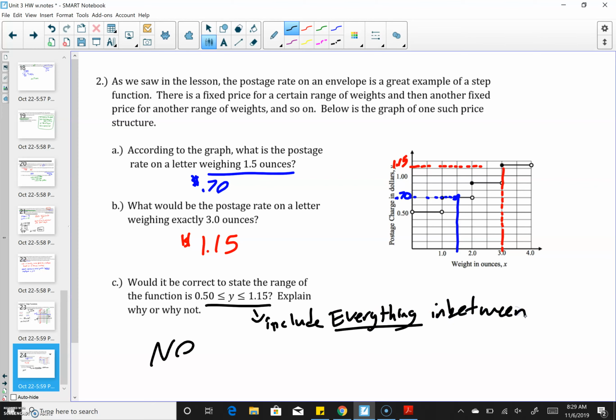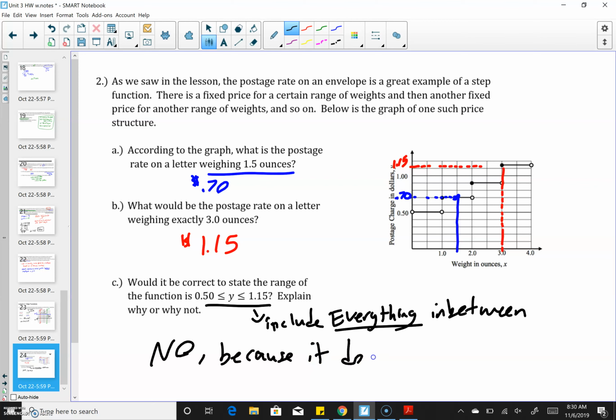Well, if you look at our step function, there is no line at 60 cents. There's no line at 80 cents. So all of those weights are not included. There are very specific ones at 50, 70, 90, then we got $1.15, but it does not include all of the numbers in between.